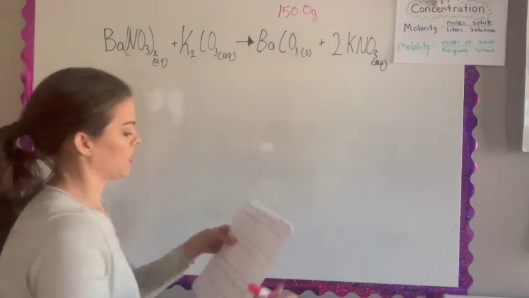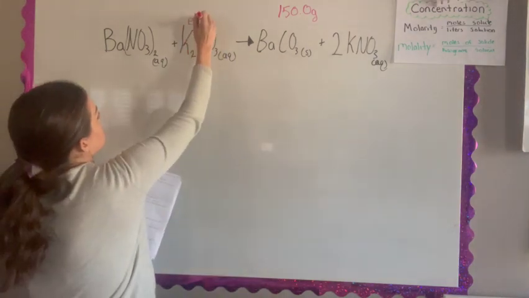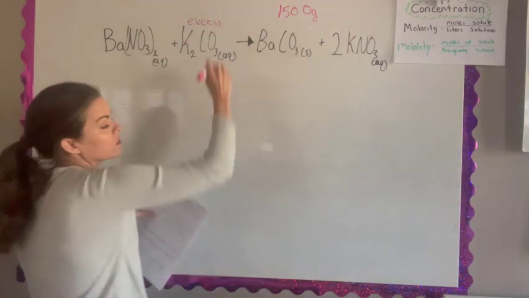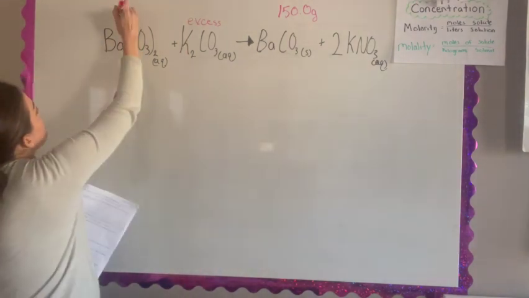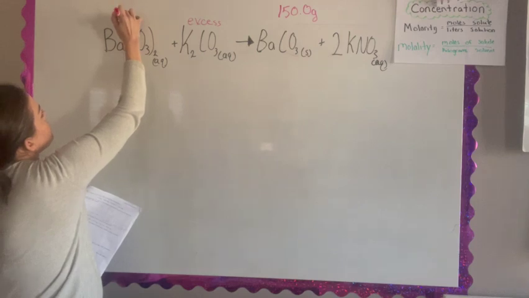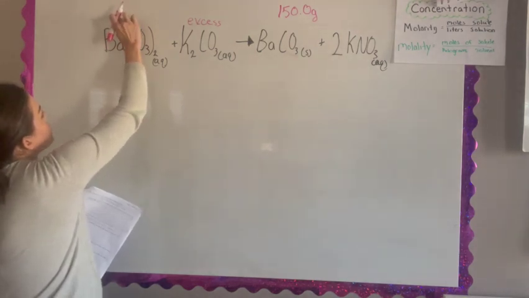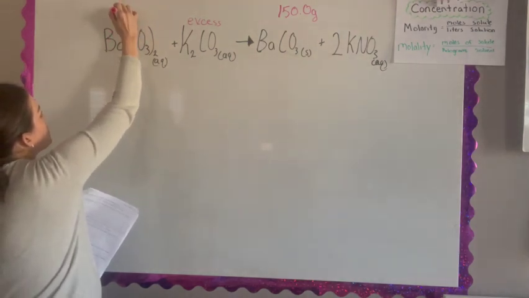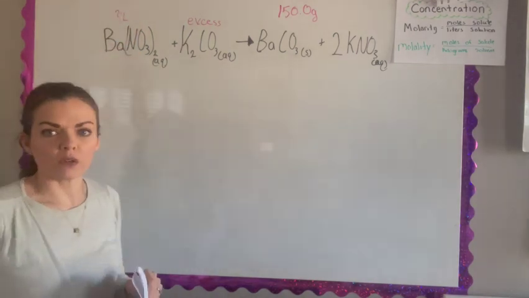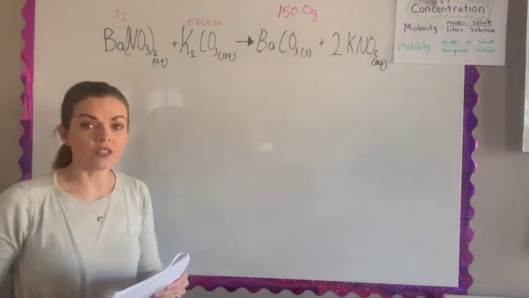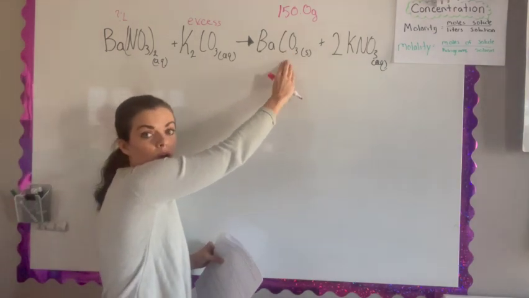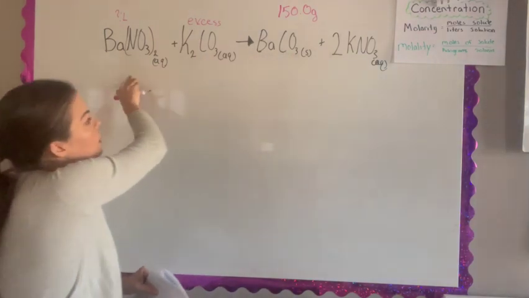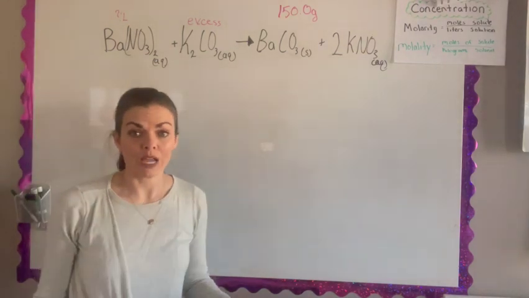So it tells me that we have excess of this, and it wants to know the volume, just be a question mark, of barium nitrate. And so I'm kind of working backwards. I'm going from barium carbonate all the way back to barium nitrate.